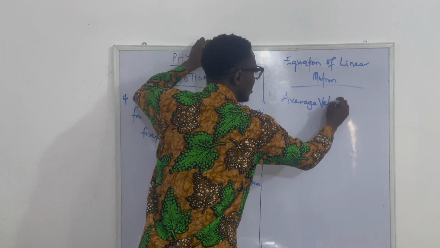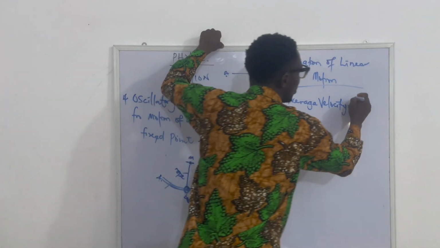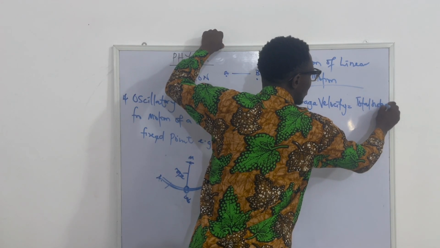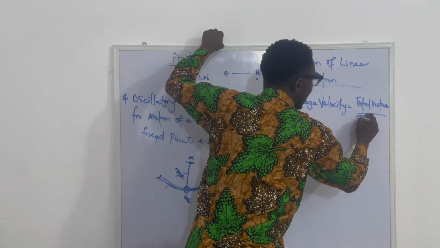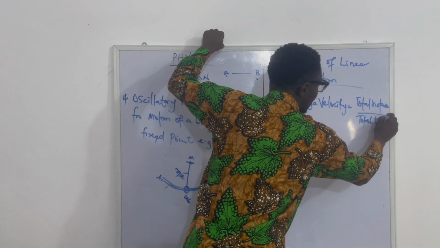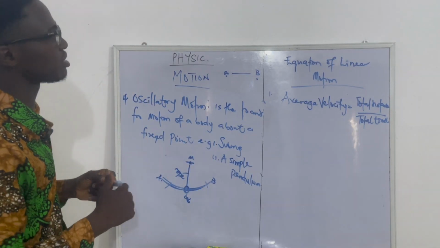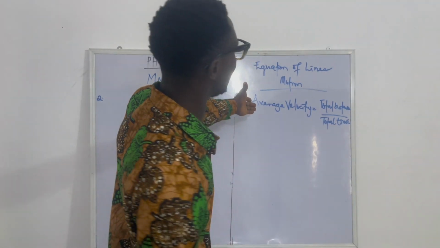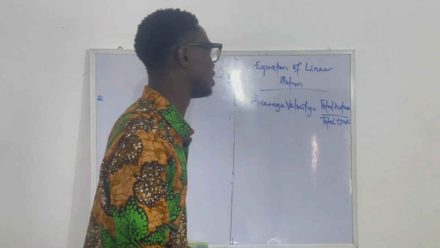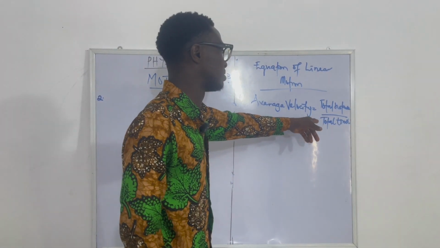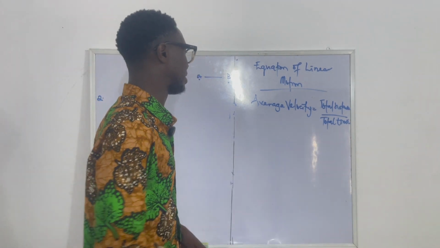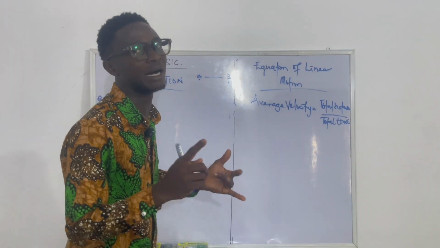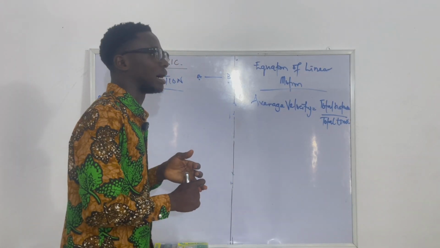Average velocity equals total distance over total time taken. For us to have average velocity, we need an initial velocity and a final velocity.